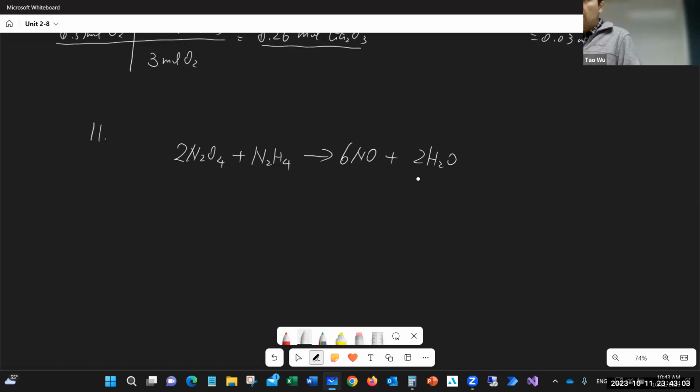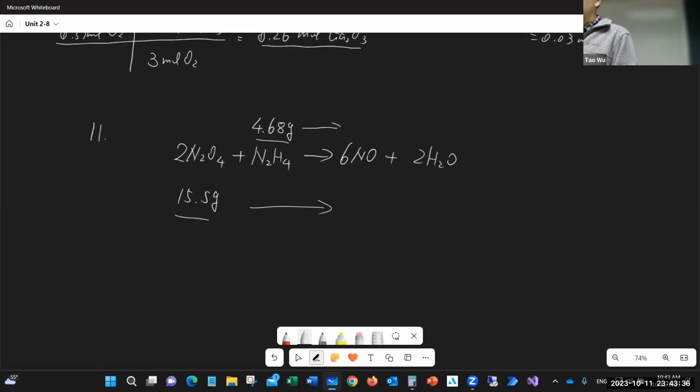Okay, so now we have 15.5 grams of N2O4, and we have 4.68 grams of the N2H4. Based on the masses, try to figure out the mass of the NO. It's nothing to do with the water, so you don't have to do anything with the water. We just assume that if we use up all the 15.5 grams of N2O4, how many moles of NO do we produce?